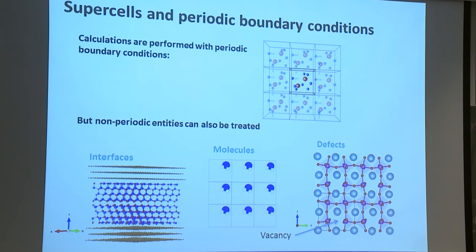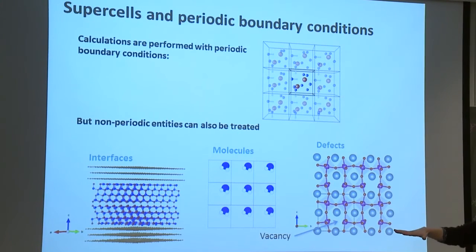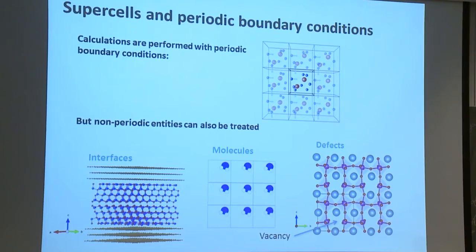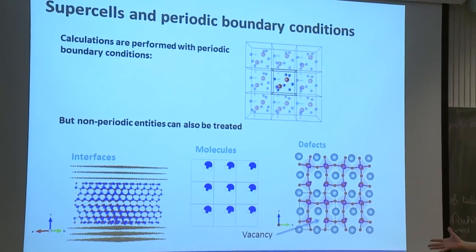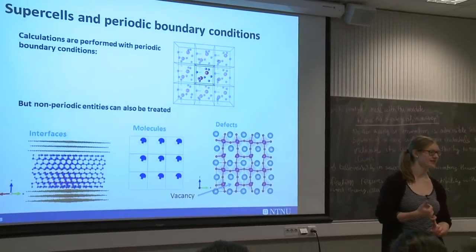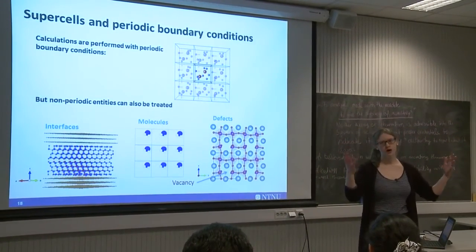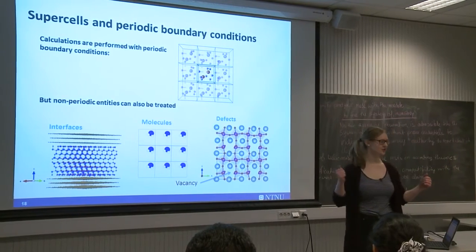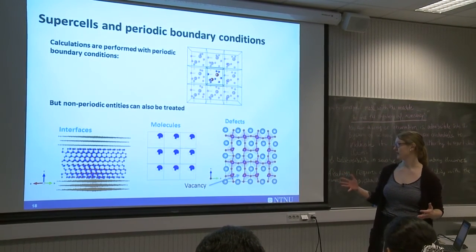That means that you can model non-periodic entities like interfaces or molecules or defects, so impurities in your system. But then you have to take care when you define your supercell, because of these artificial interactions across the periodic boundary conditions.